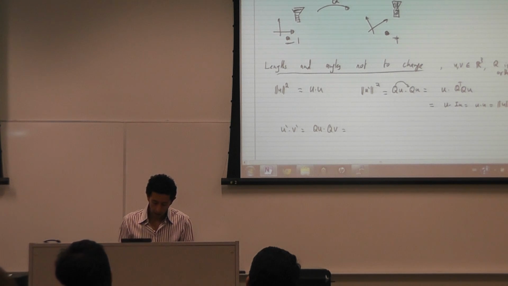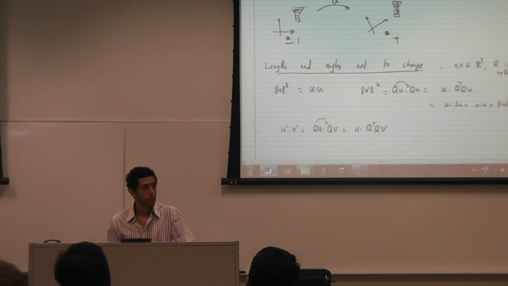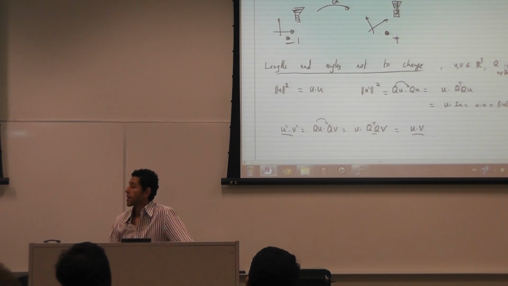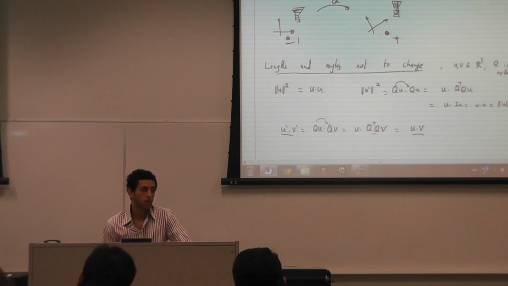Again, I'm going to use the abstract definition of the transpose because it makes manipulation of the formulas much easier. u dot Q transpose Qv, I get u dot v, which means before and after I get the same dot product, which means the same angle.